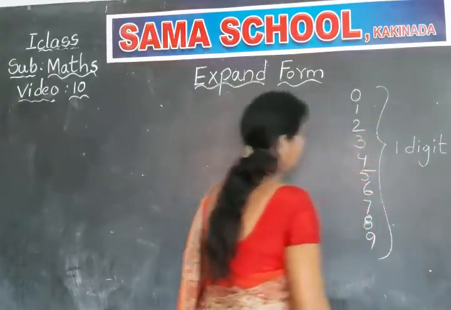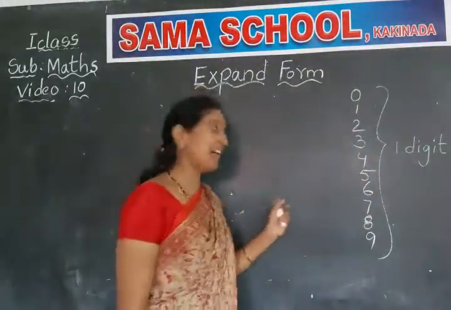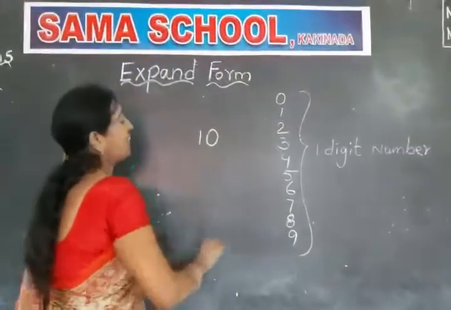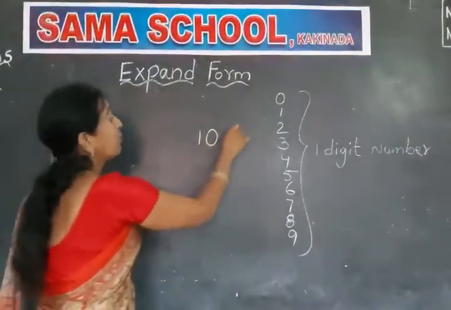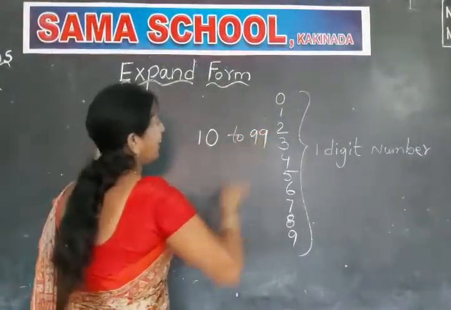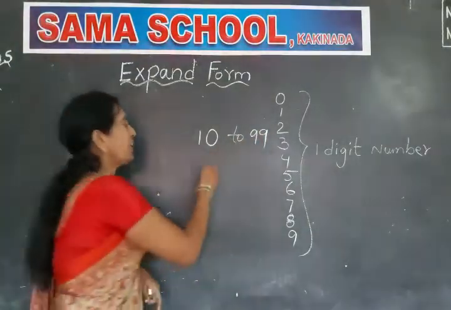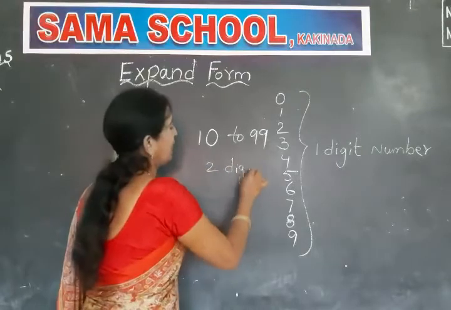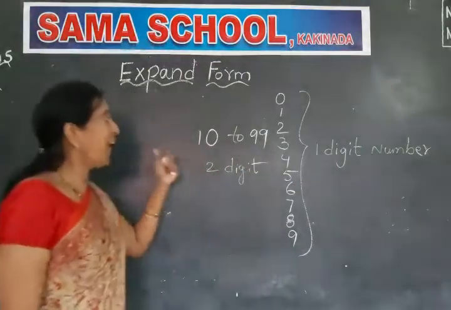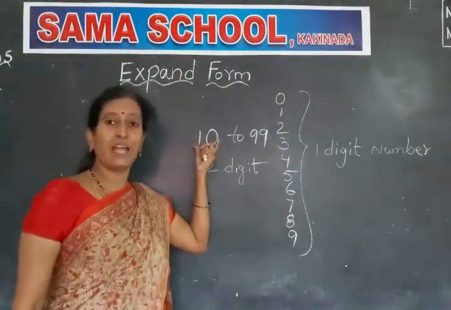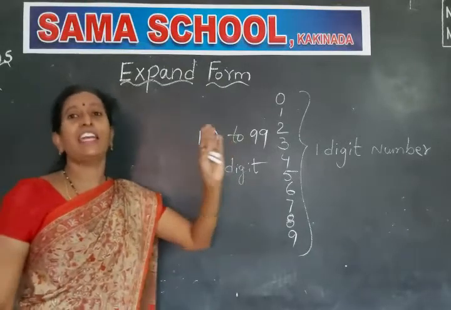Then after 9, which number? 10. 10 to 99 are the 2 digit numbers. In the 2 digit numbers, how do we expand them?